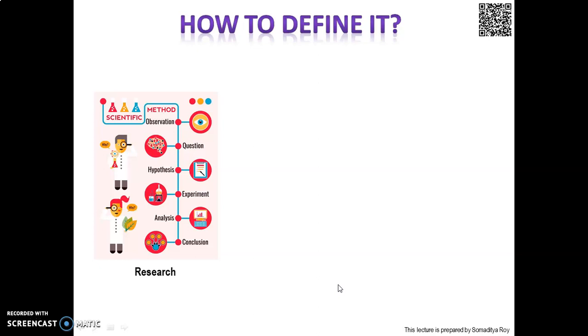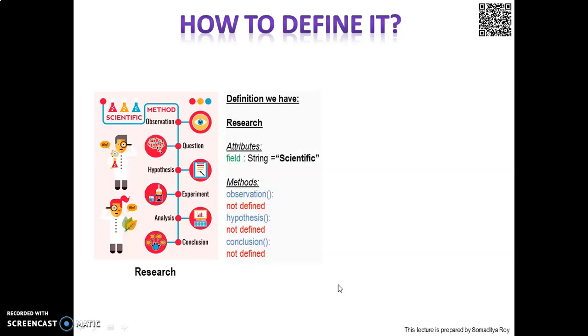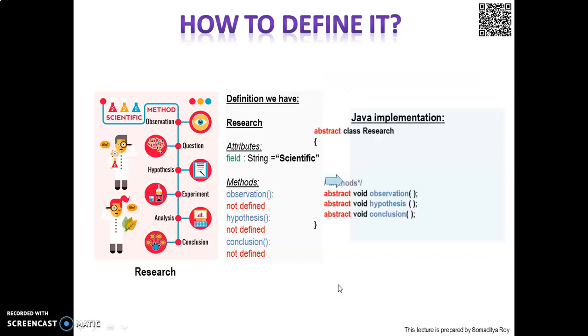Now, the properties, observation, hypothesis, and conclusion, or the methods are not well defined. It means it varies from person to person, but the field scientific is specific. So how to implement that in Java?